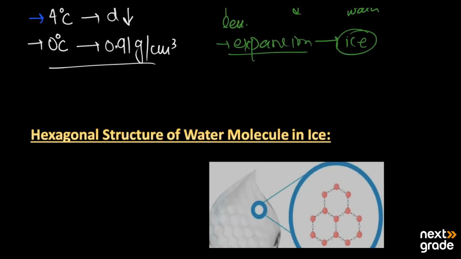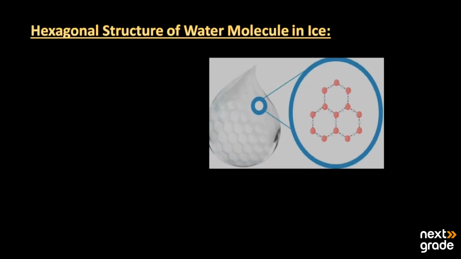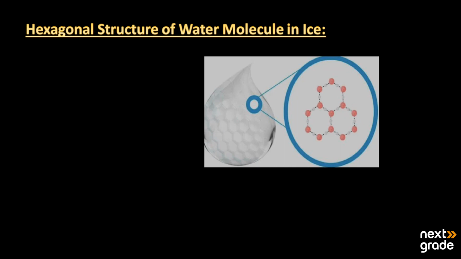After that, there is the formation of the hexagonal structure of the molecules in the ice. Hexa means 6 and gonal means sides. So here you can see that it is forming a hexagonal structure. It has 6 corners: 1, 2, 3, 4, 5 and 6. So this is known as the hexagonal structure.